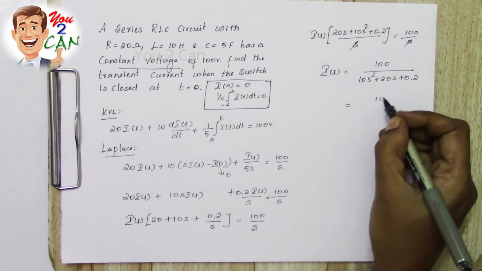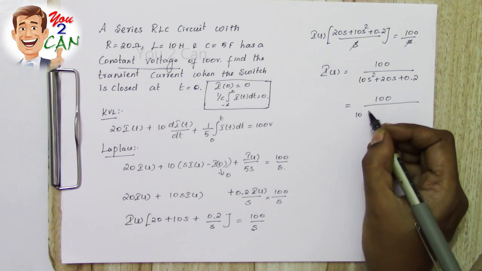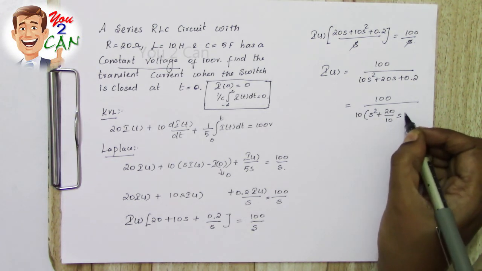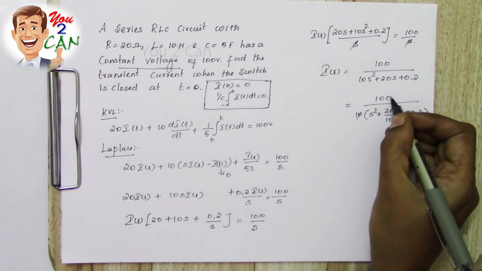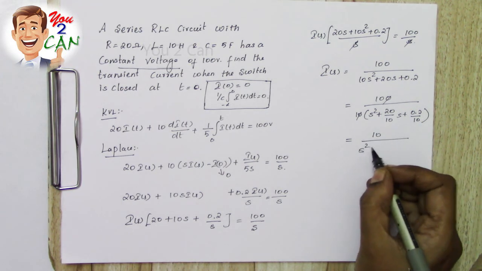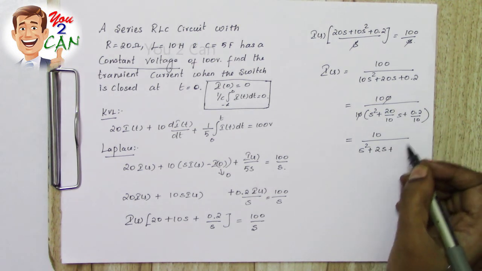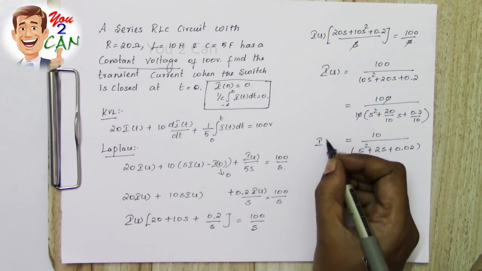Now as usual take the coefficient of s squared outside, that is 10 into s squared plus 20 by 10 into s plus 0.2 by 10. So 100 by 10 is 10, divided by s squared plus 2s plus 0.02. This is your I(s).